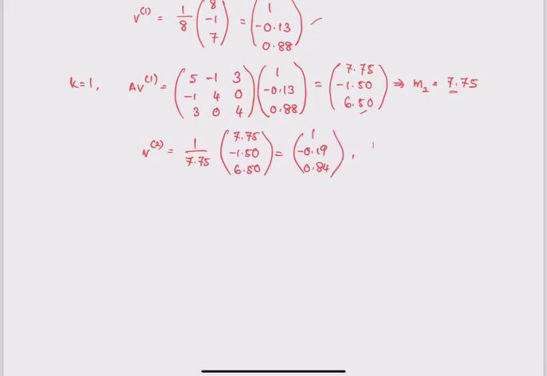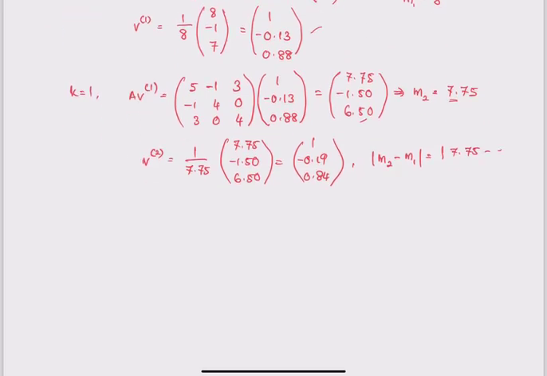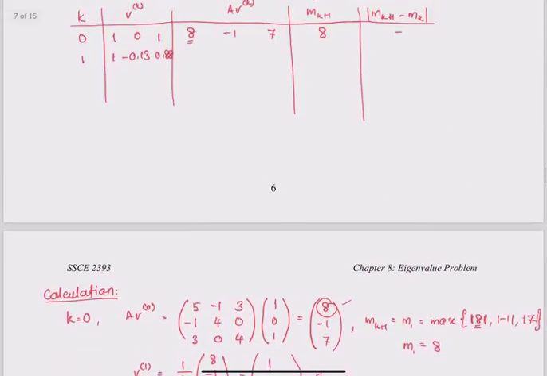Now we also can check our criterion: the absolute value of m2 minus m1 is equal to 7.75 minus 8, which is 0.25.